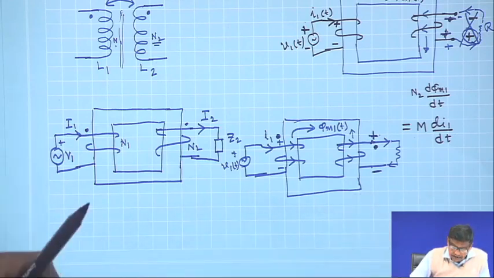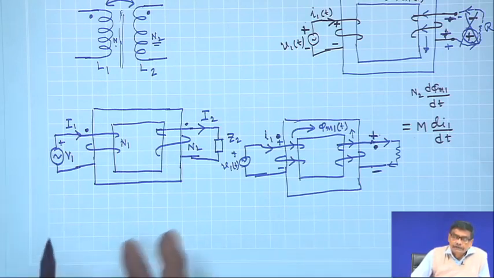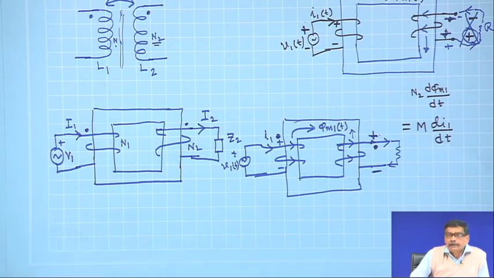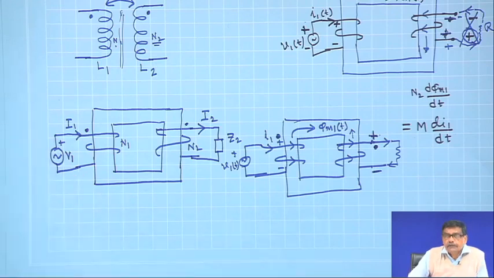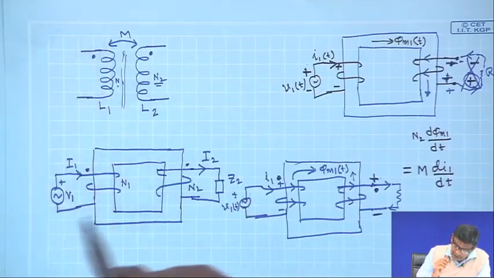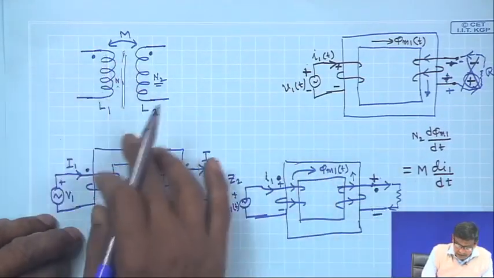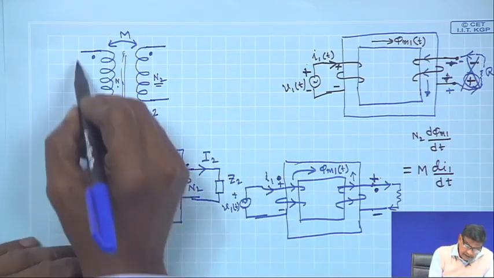And from that I will simplify those equations in order to get some equivalent circuit, perhaps referred to the primary side. Now, before I start that, in the light of self and mutual inductances, let us try to understand this.